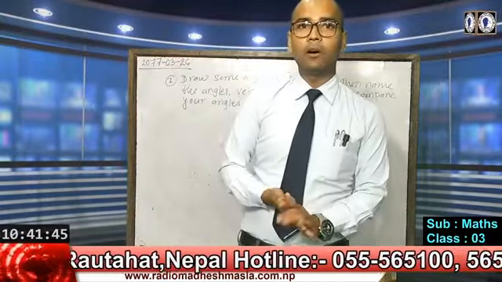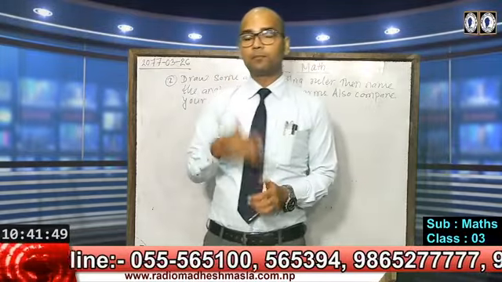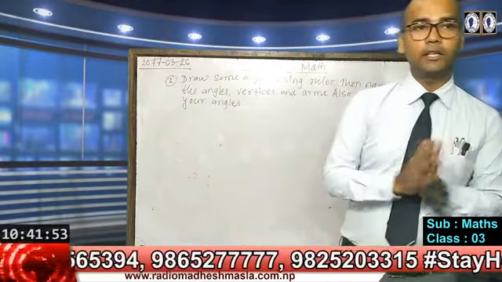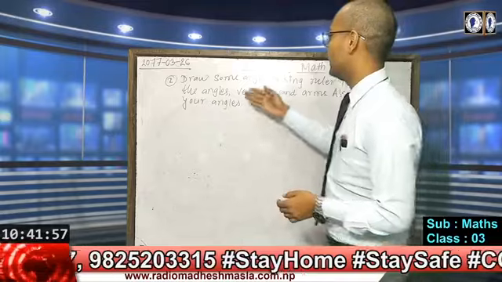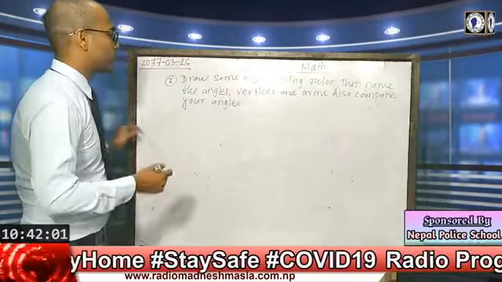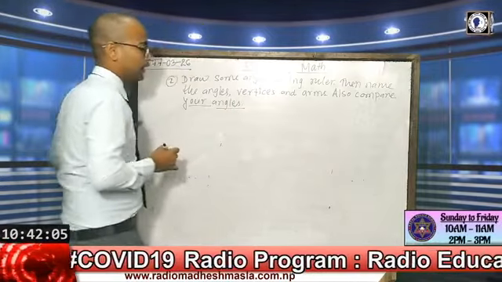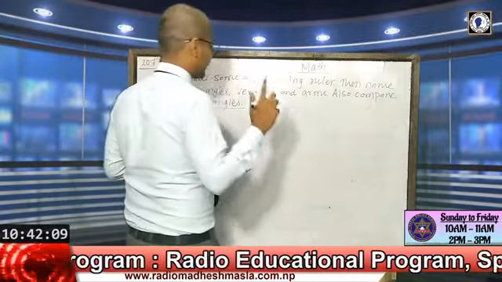So students, according to the questions, as we have learned about using a ruler, we use a ruler to construct any type of line segment or straight line. Here we should use the ruler to construct an angle, which is made up of two straight lines, as we discussed in our previous classes.